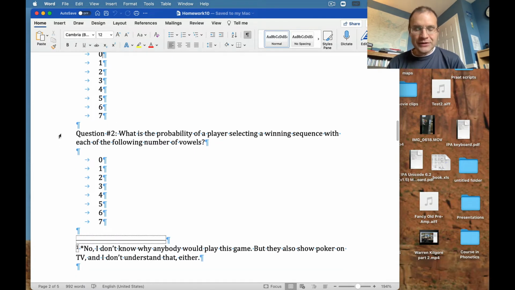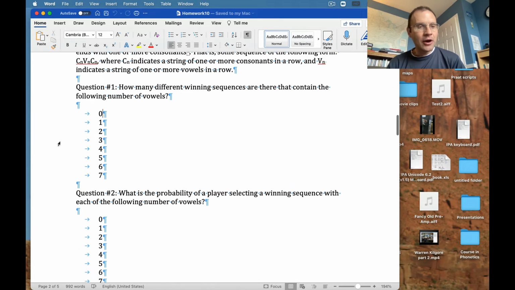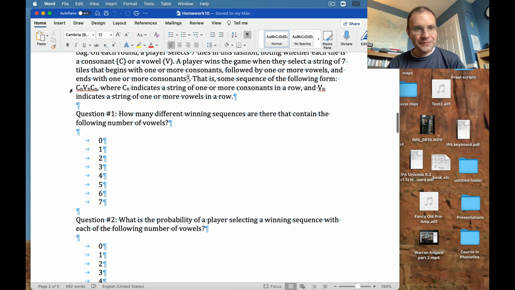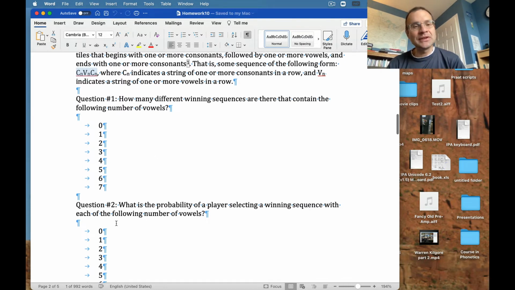Question number 2: what is the probability of a player selecting a winning sequence with each of the following number of vowels? Going back to this being a winning sequence, if you have a winning sequence with 0 vowels in it, what is the probability of selecting that winning sequence?